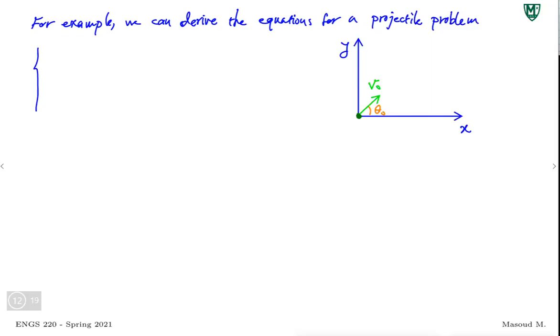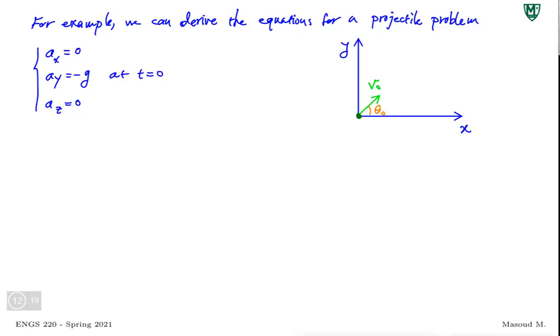So the assumption for these problems goes as this: ax is 0, acceleration in the x direction. Acceleration in the y direction is minus g, gravity is pulling it down. And acceleration in the z direction is also 0, it's in the xy plane. So this is the assumption that you have for this problem at t equals 0.